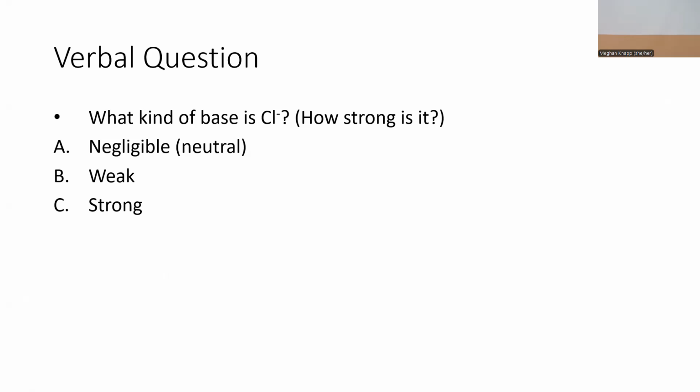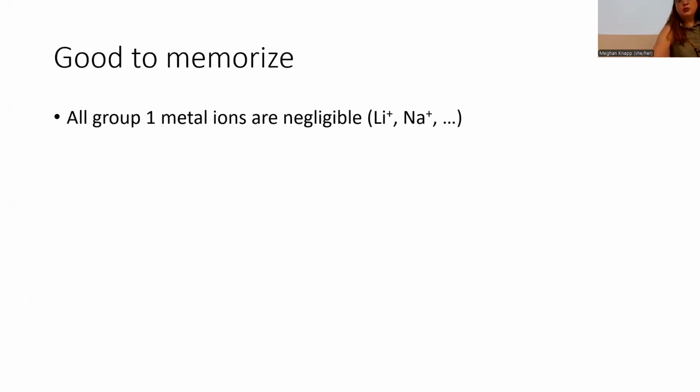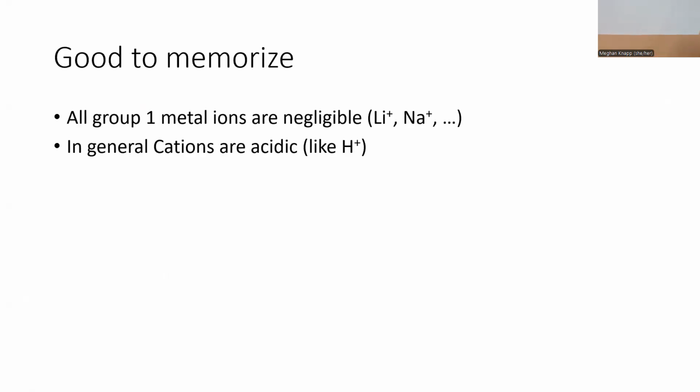All right, so we said all group 1 metal ions are negligible because those are the ones that make up our strong bases, the hydroxides. In general, cations are going to be acidic.